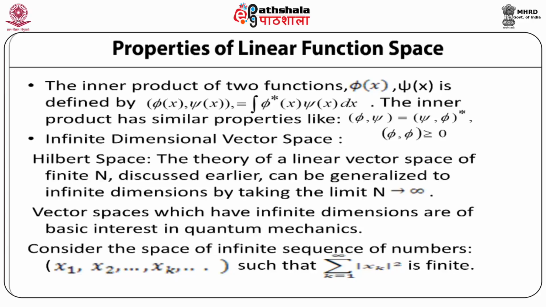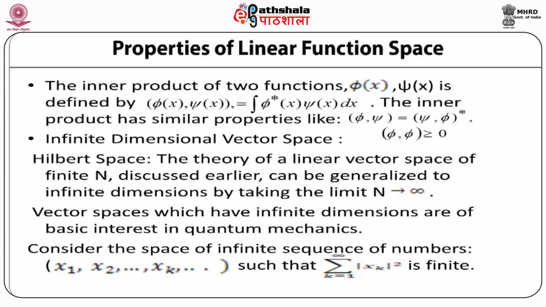The inner product also has the following properties. One, it is commutative. So if we have two functions phi and psi, then the scalar product of phi and psi is equal to the complex conjugate of the scalar product of psi and phi.